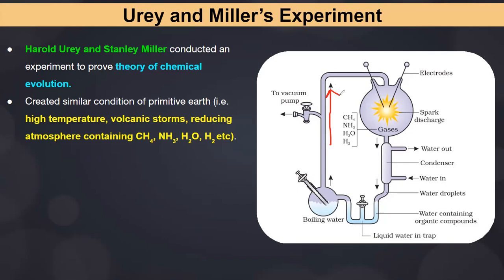Now these water vapors were necessary for creating certain reactions over here, wherein the gases were introduced. Basically, this environment was depicting or resembling the ocean which was present on the early primitive Earth.